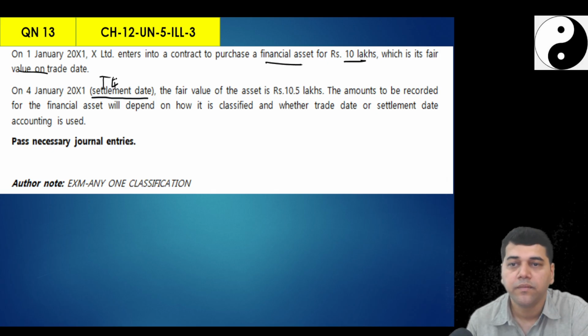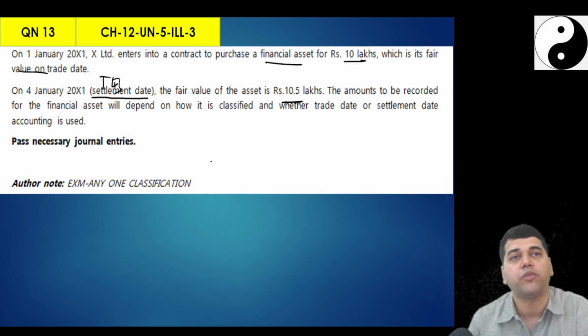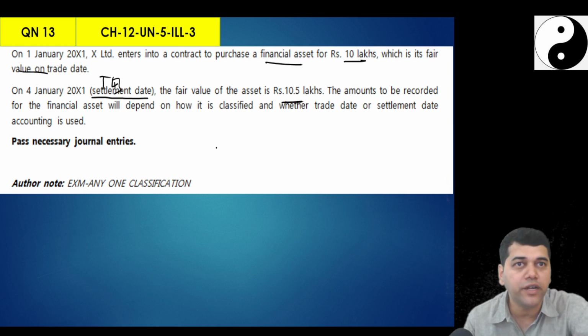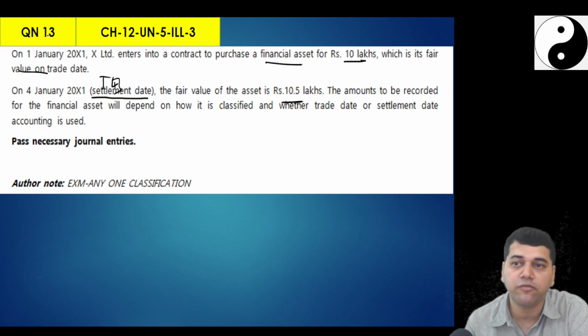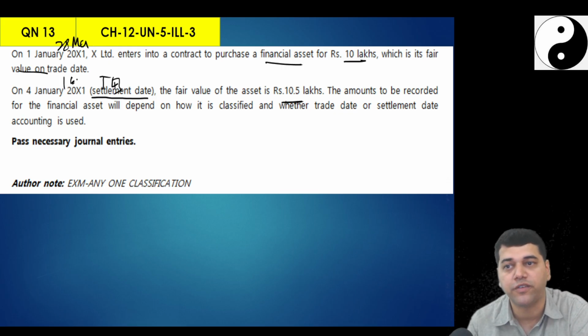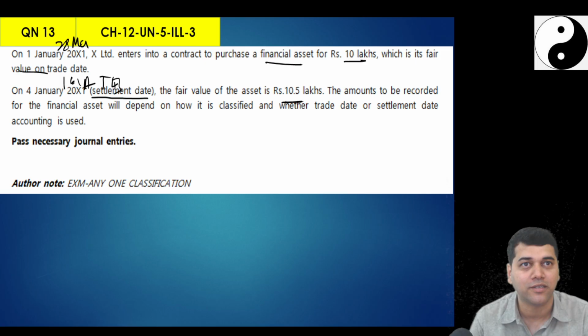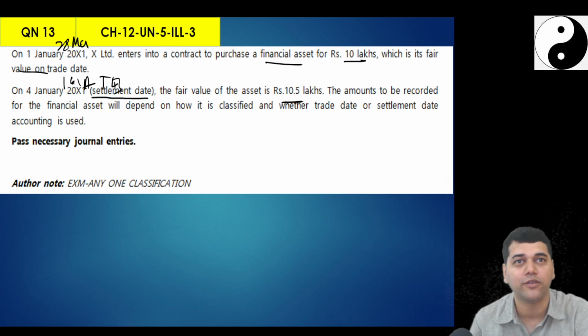T plus 3, the fair value of the asset is 10.5. What happened? In 4 days' time, the fair value of my asset increased. Imagine if this asset was purchased on 28th of March and payment is going to happen on 1st of April. Now one big problem comes on 31st of March. Should I treat it as my asset and show it in the balance sheet, or should I not treat it as my asset only?